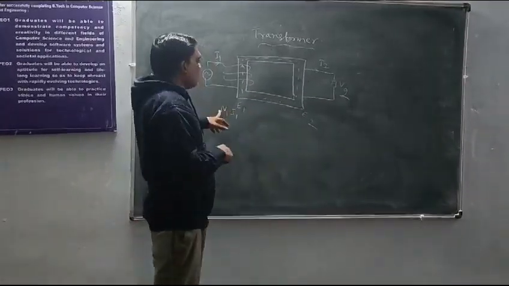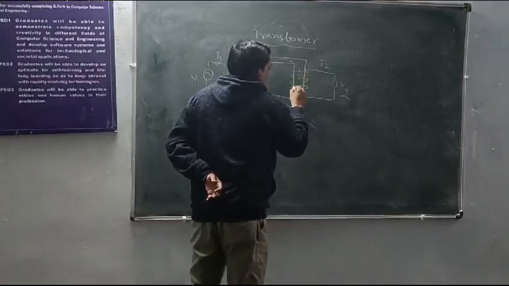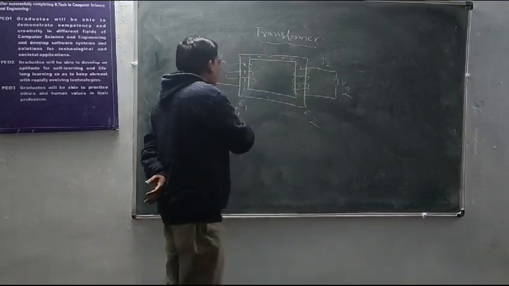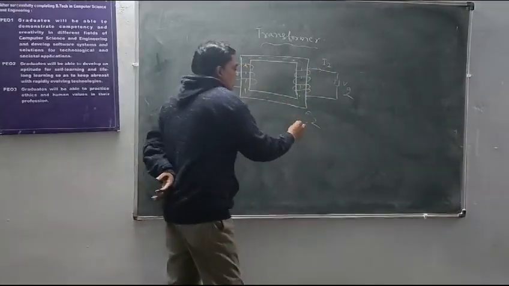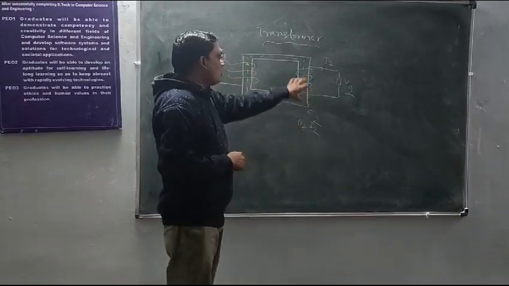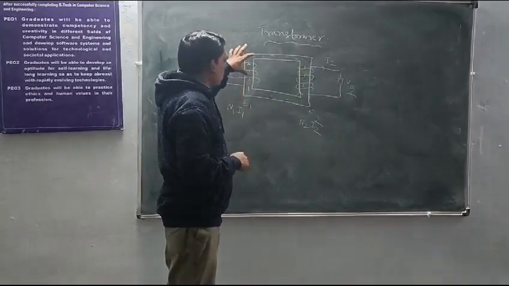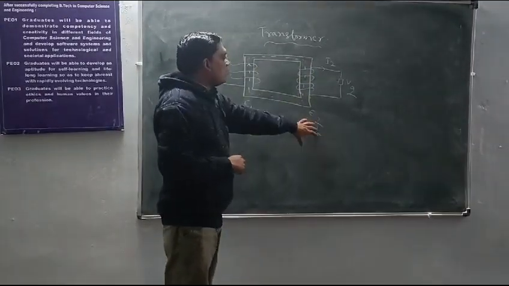N1 is the number of turns at the primary side, and N2 is the number of turns at the secondary side. I1 is the current at the primary side, and I2 is the current at the secondary.